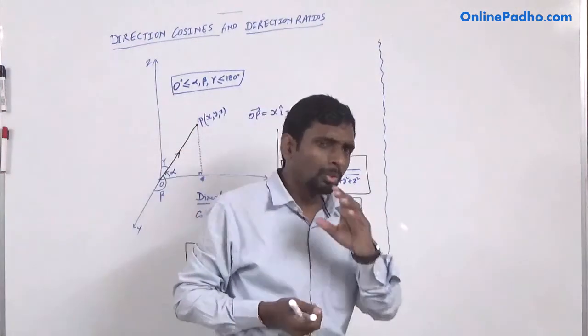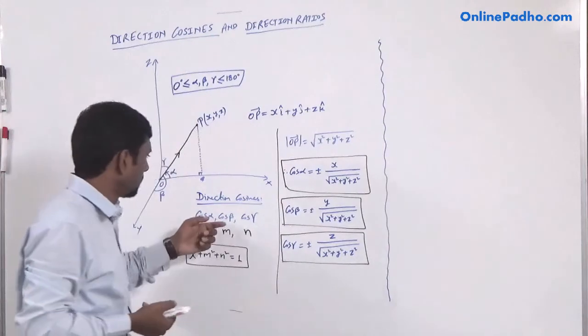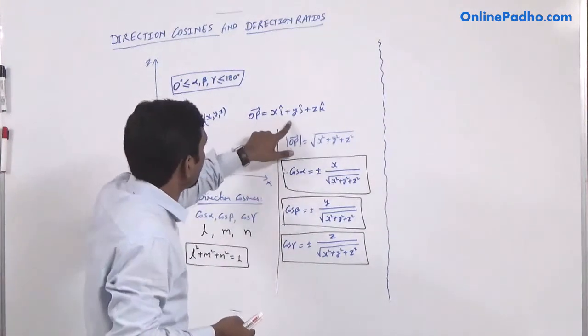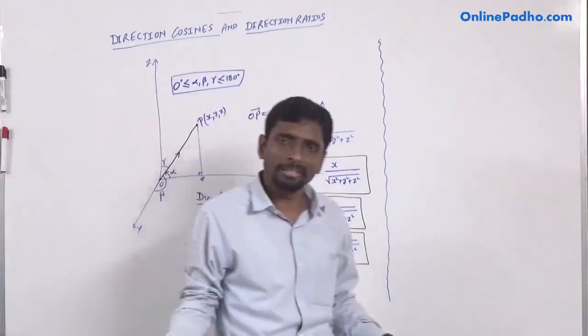So, direction cosines are cos alpha, cos beta and cos gamma, and direction ratios are just x, y and z. These are called the direction ratios.